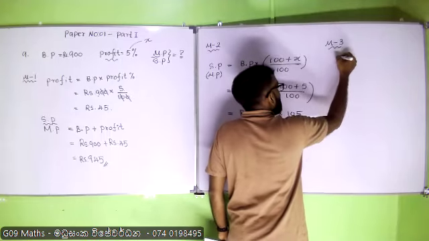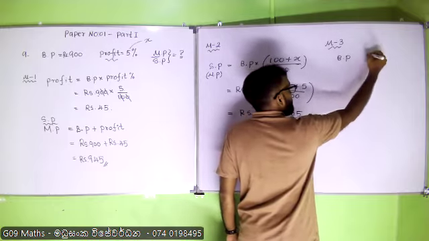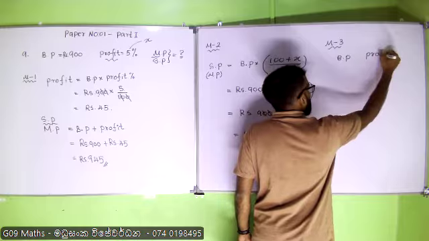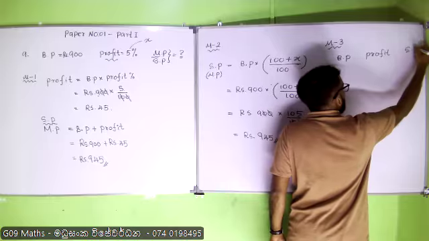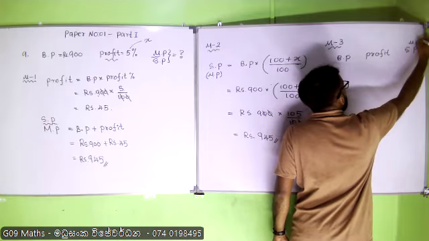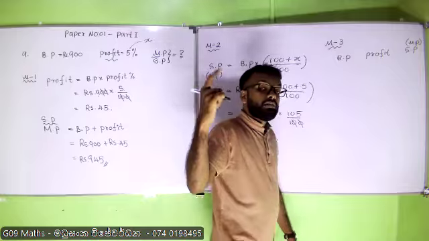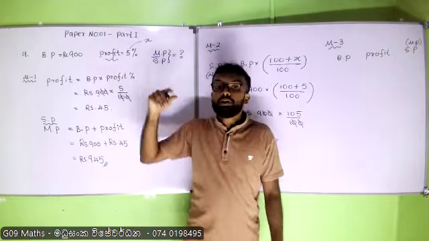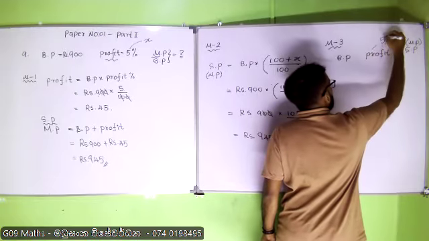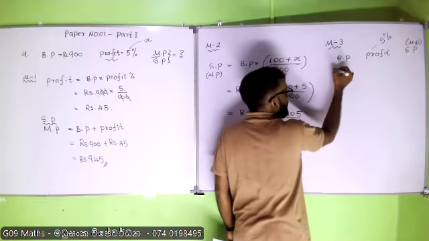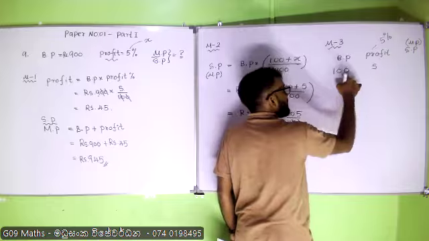Method 3, an interesting method. Buying price, profit, selling price or mark price. We decide the buying price using the profit percentage that we keep. Profit is 5%, so if you buy an item for 100 rupees, you keep 5 rupees for every 100 rupees.